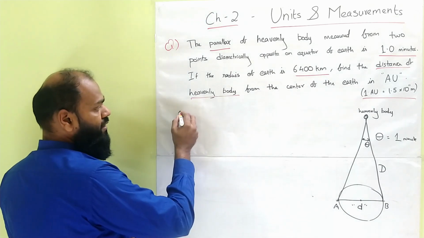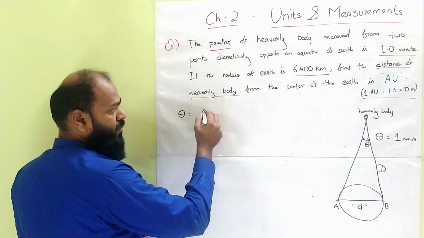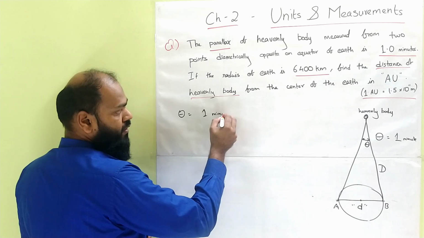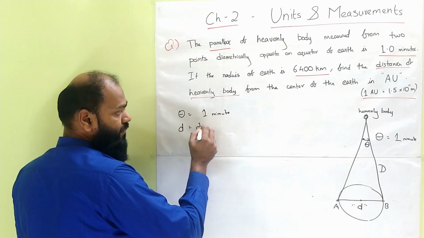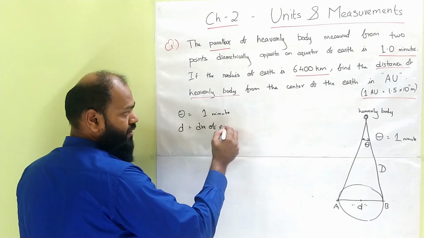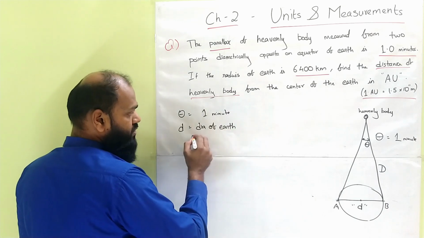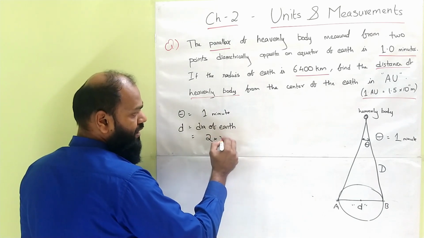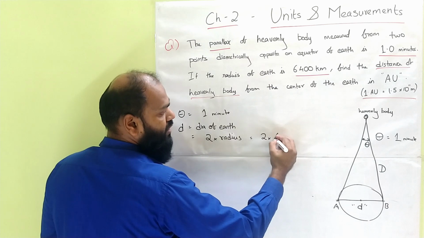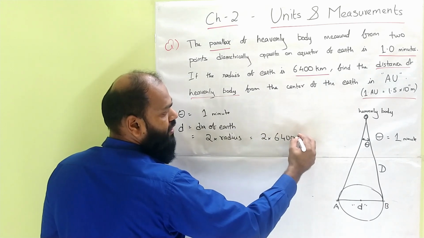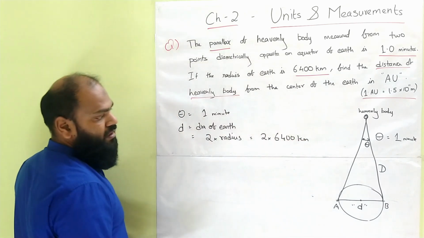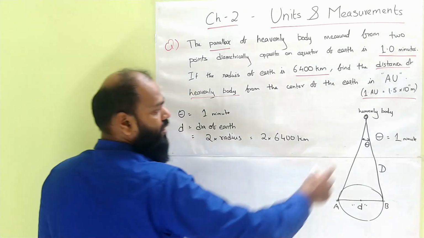So we know that theta is equal to 1 minute. The diameter of the Earth equals 2 times the radius of the Earth, 6,400 kilometers. Then what do we need to find?